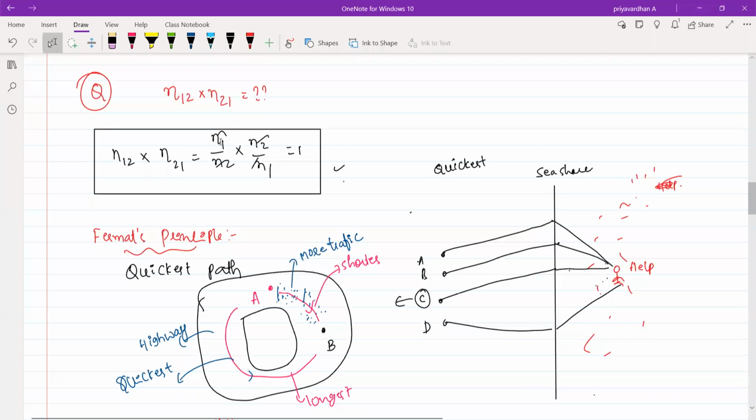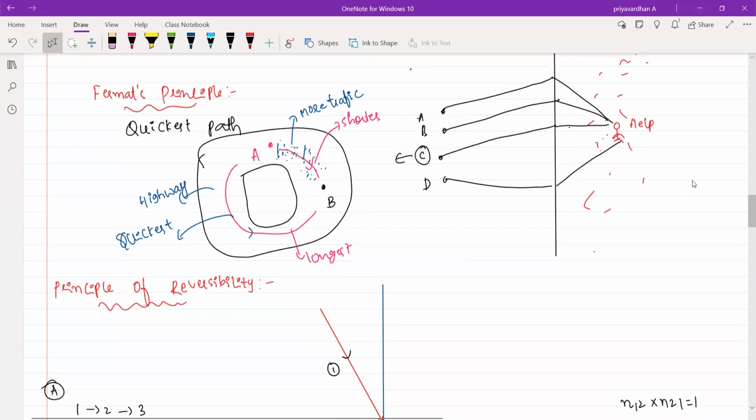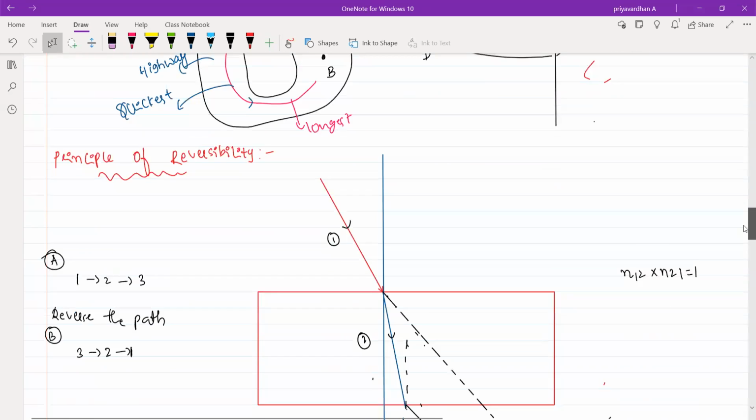Even you can refer to this, that we have taken it as the principle of reversibility. Fermat's principle is the smallest one. You won't get it in your board too. But let me tell you, light always wants to travel in the quickest path possible, not the shortest path. Somehow, only light knows the quickest path possible.